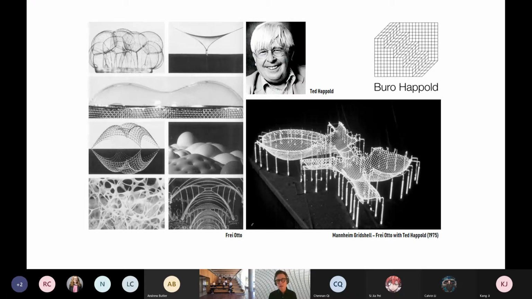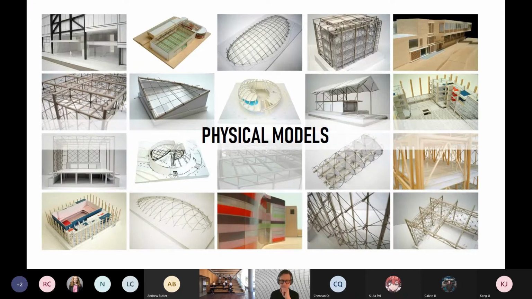Many of the early projects were interested in efficiency of materials, sustainable building and innovative building and design practices, and did a lot of work with Frei Otto, like you see here. And like I said, I was working in the London office, and I was the physical model maker.